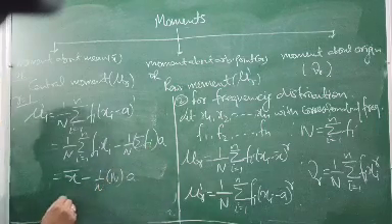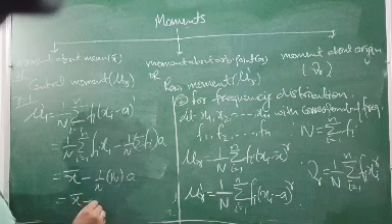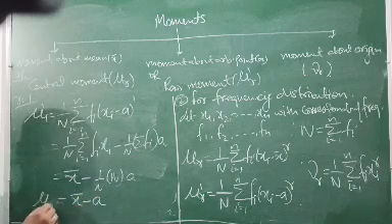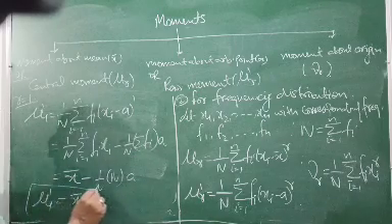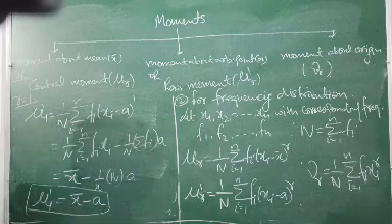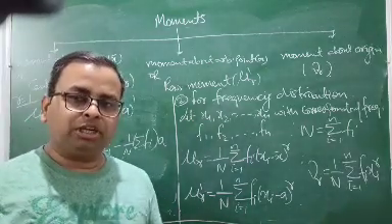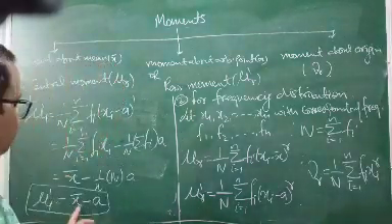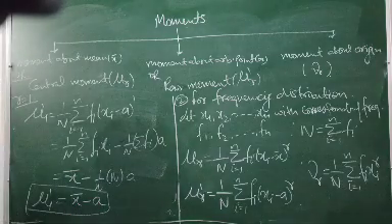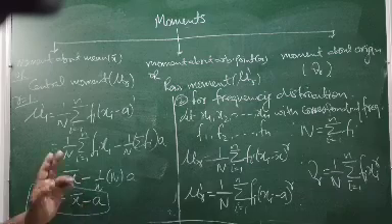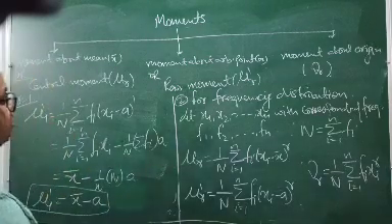Capital N and capital N cancel, so we get x bar minus a. So the first moment about arbitrary point, mu dash 1, is equal to x bar minus a, where a is the arbitrary point and x bar is the mean of the given frequency distribution.